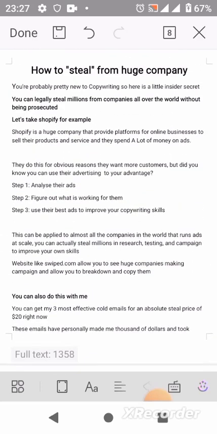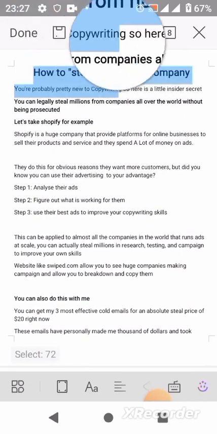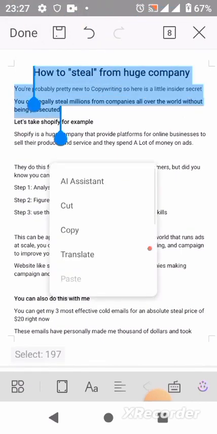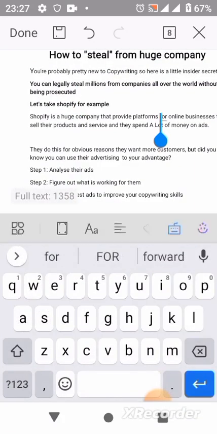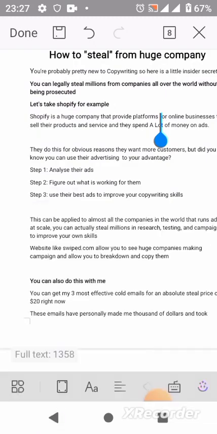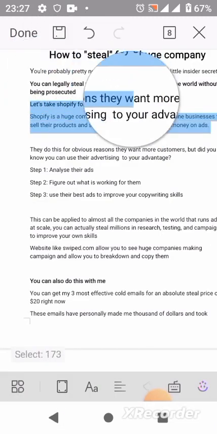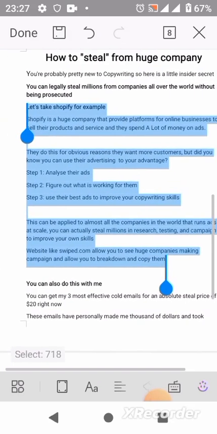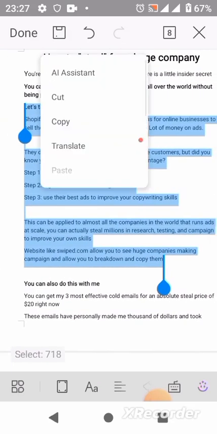All right, let me highlight it from here. This is the hook. I just underline-highlighted it now. How to steal from which company is the hook, but the little write-up there is still part of it. That is the hook. Here is the story. This is the story, which is number 2.